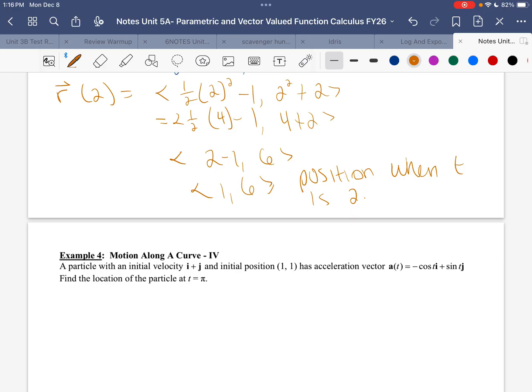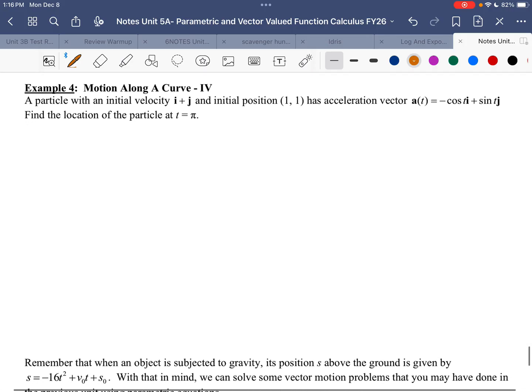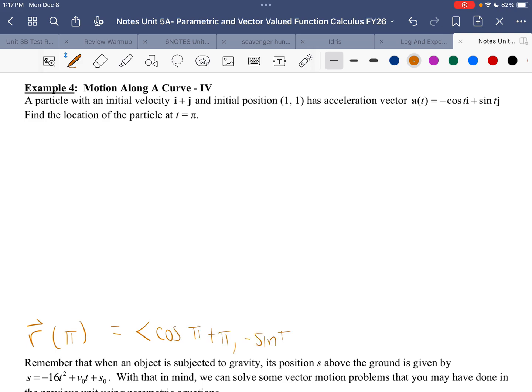It's negative. Okay, so that's what we should get for example 4.